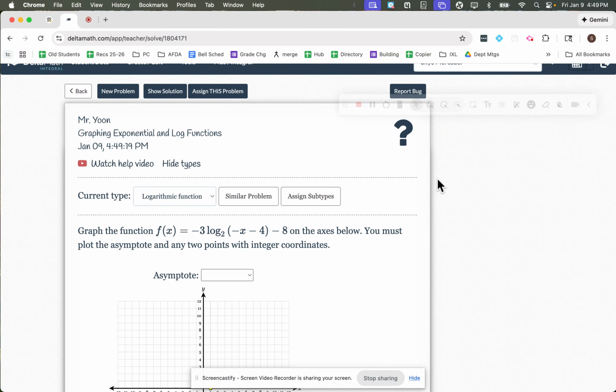Okay, let's try this one. This has a couple interesting things going on. You can see right off the bat, we have an a, traditionally this coefficient is called a, that's negative. Oh, and we have a modifier to the x that's negative. So this is going to be a horizontal reflection. You know what I know right off the bat?